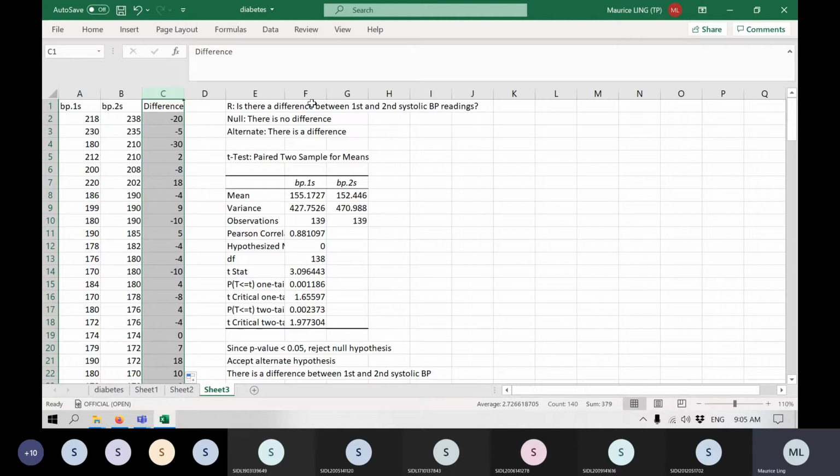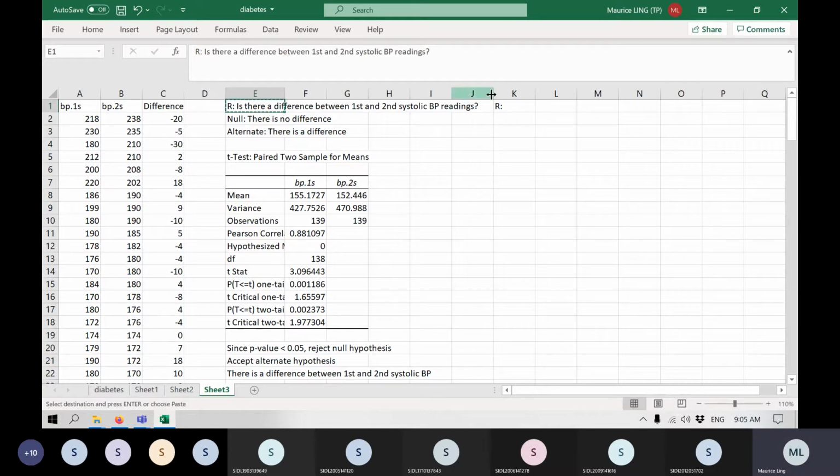So how do you do a one sample t-test? In this case, the research question is the same: is there a difference? That means the research question is identical.